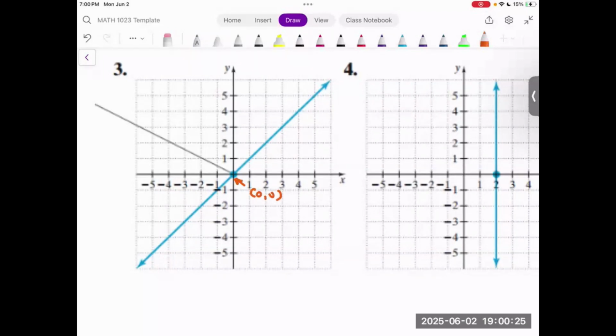What do you want to label, x-intercept or y-intercept? That's the intercept, 0, 0. That's where the graph intercepts. At the point 0, 0, is it intercepting the x or the y? Both. Very good. So it can be labeled as an x-intercept, and at the same time a y-intercept. We good? So yes, it could be at the same time an x-intercept and a y-intercept if it is at the origin, 0, 0.